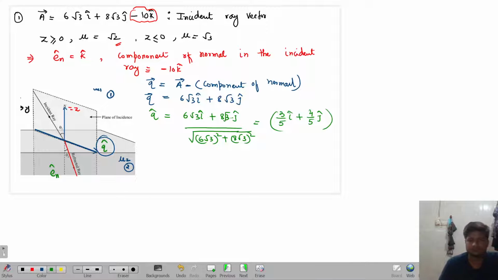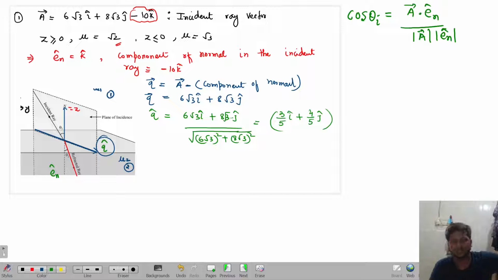Tell me yes or no. Yes, we can calculate cos theta by taking the incident vector dot the normal cap n cap, divided by the modulus of vector A times the modulus of n cap. That will give you the angle made by the incident ray with the normal. Yes or no, everyone? Gagan, Anuj, Saloni?